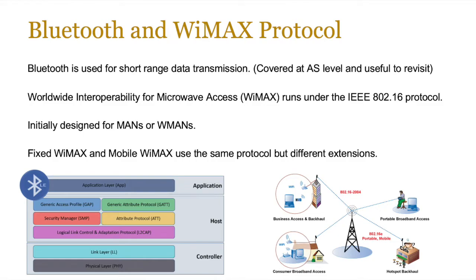So there are different variants of this protocol available for fixed and mobile. And if you're interested in knowing what the IEEE version for Bluetooth is, it's 802.15. So 802.16 is WiMAX, 802.15 is Bluetooth, and 802.11 is the wireless protocol.